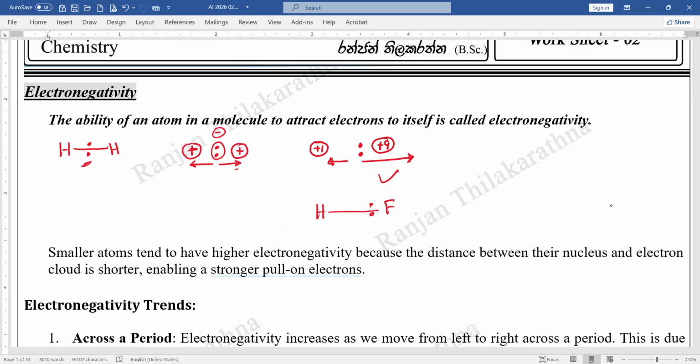So we say the ability of an atom in a molecule to attract electrons to itself is called electronegativity. So when we compare the electronegativities of hydrogen and fluorine, fluorine has a higher electronegativity.